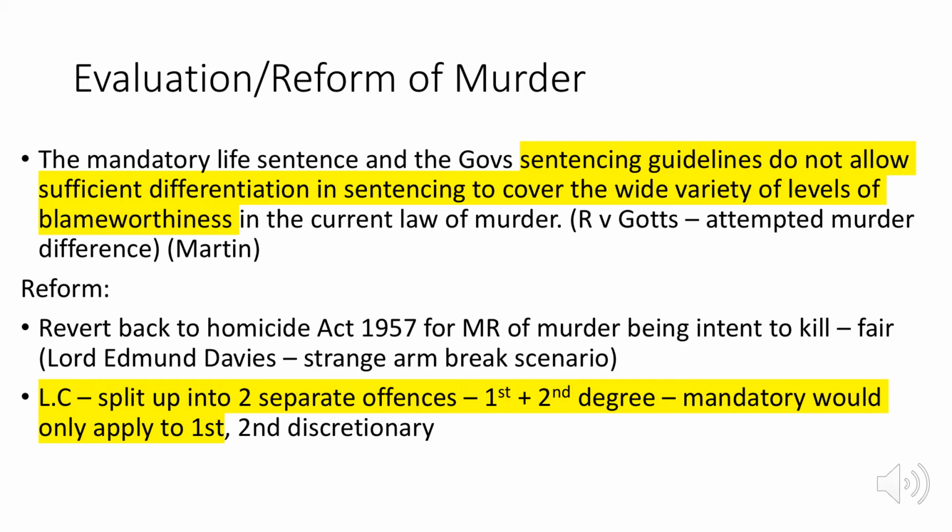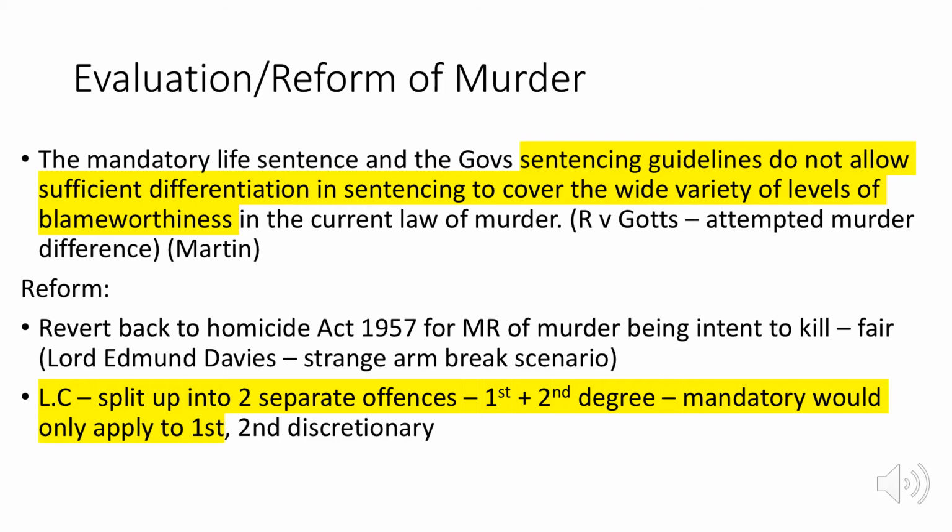Looking at the last evaluation point and reform of murder, the mandatory life sentence and the Government's sentencing guidelines do not allow sufficient differentiation in sentencing to cover the wide variety of levels of blameworthiness in the current law of murder. So looking at the reform, you could revert back to the Homicide Act 1957 or something similar for the MR of murder being intent to kill.